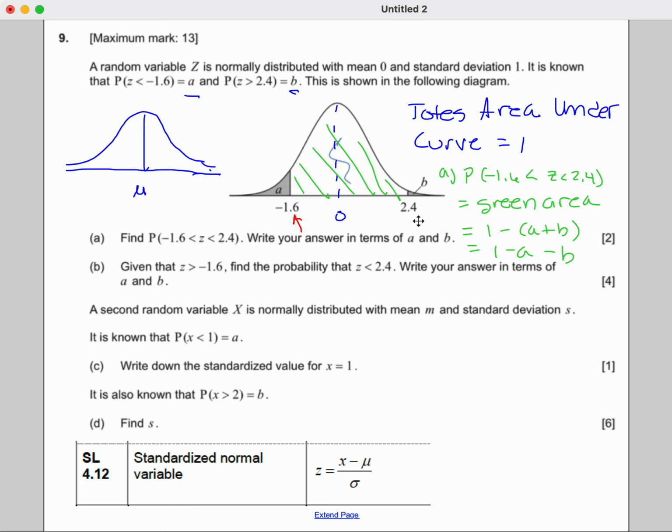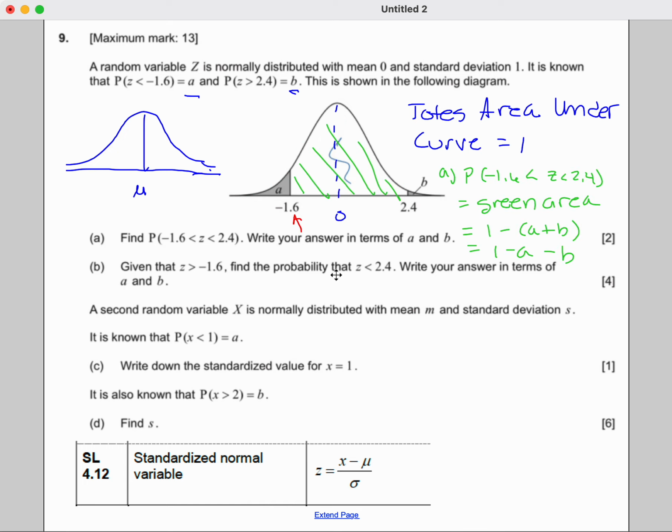And the probability that a randomly selected variable is greater than 2.4 is the area of this gray region, which is represented by B. Okay, so I just wanted to make that clear. And that's why we were able to say that the probability of this green area is 1 minus the sum of A plus B, because again, the total area all the way under the curve is 1.